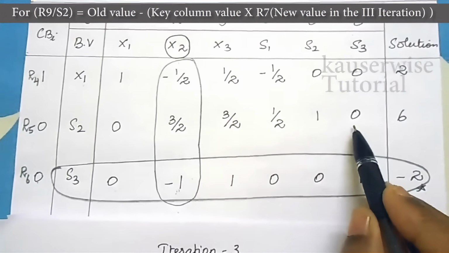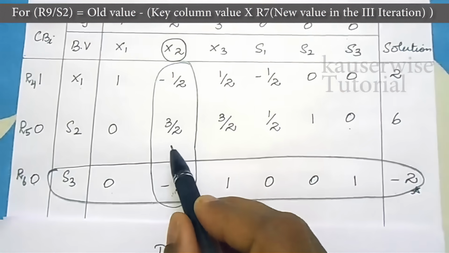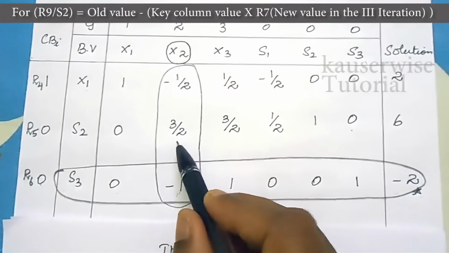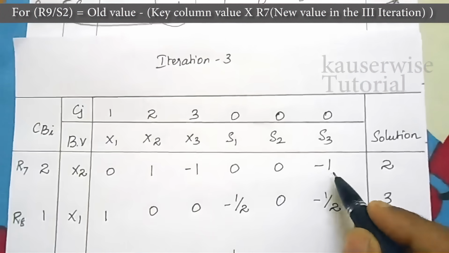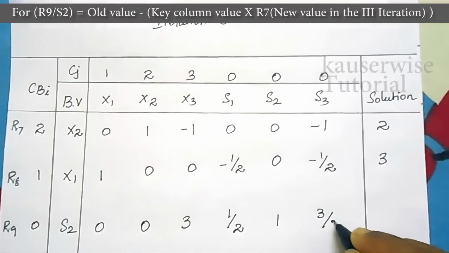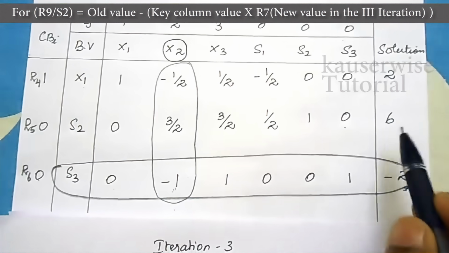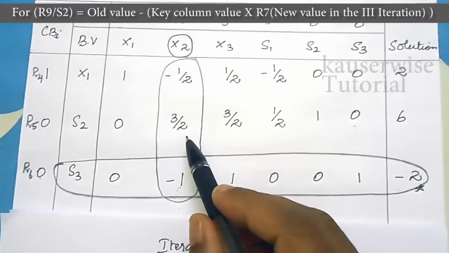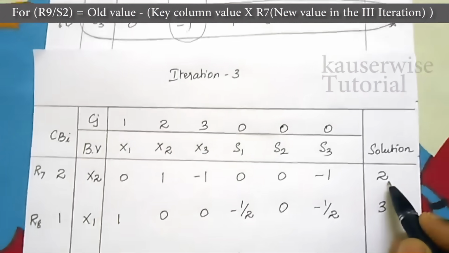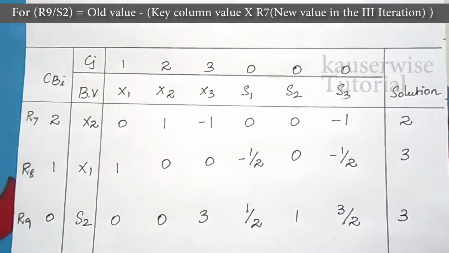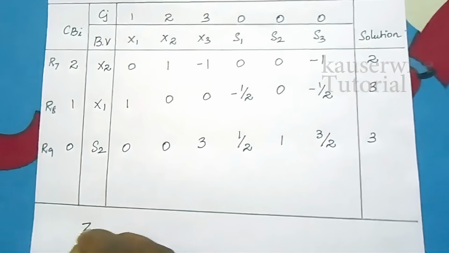Next one, old value 0 minus key column value 3/2 into new value -1. The answer is 3/2. The next one, the old value is 6 minus key column value is 3/2 into new value is 2. The answer is 3. Now we need to find Zj values.